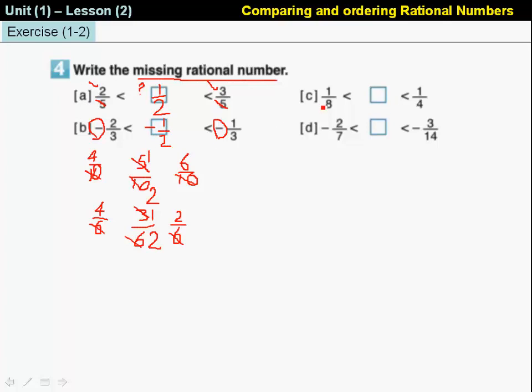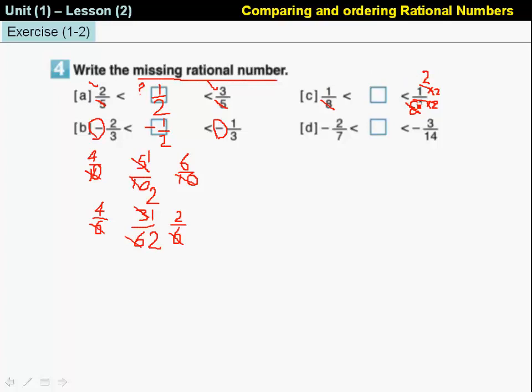Here, be careful. The denominator here is 8, but here is 4. We must multiply this by 2 and also multiply 1 by 2. This gives 2 over 8. So we have the same denominator and compare the numerators. We have 1 and here is 2.